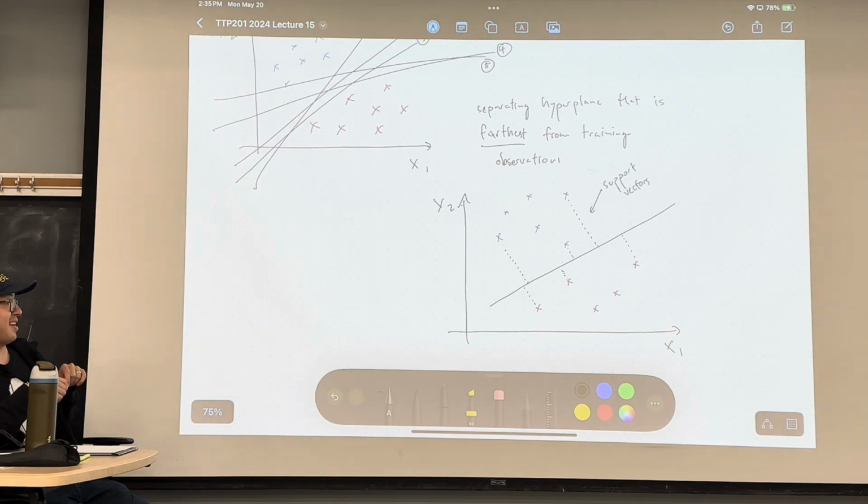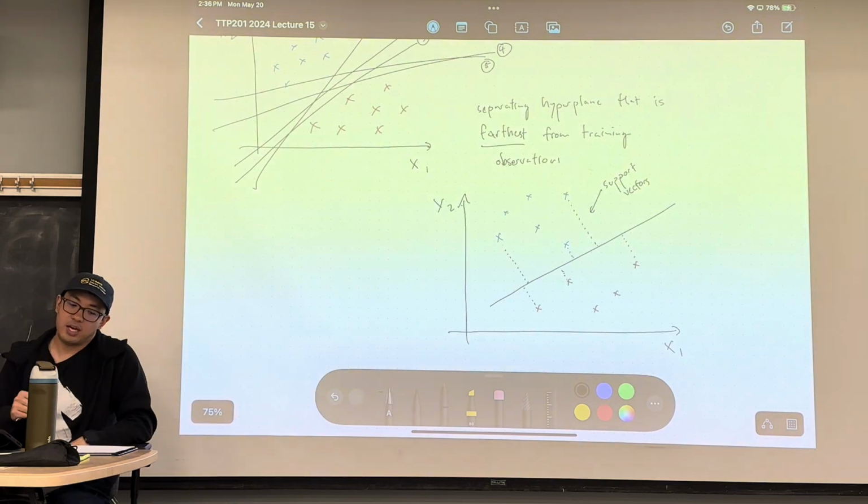We're not going to talk about that today, but yes, you can have more separating hyperplanes. It is possible to do that, yes.